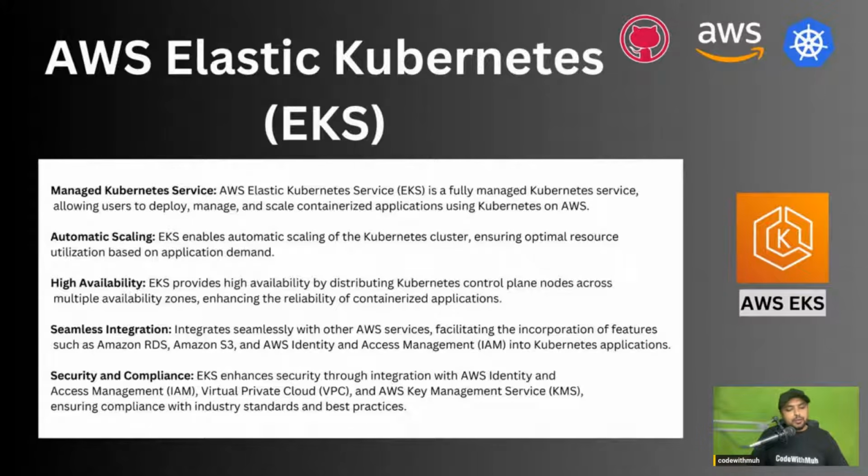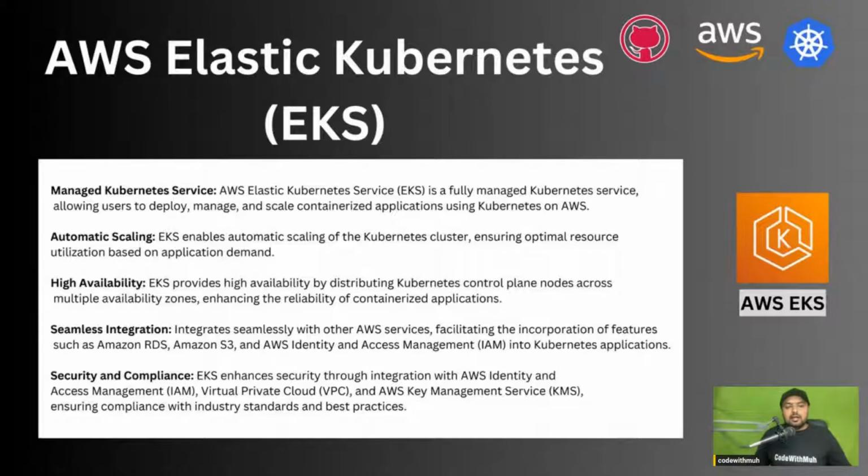The main feature of AWS EKS is that it is automated and scalable. So you will not need to worry if users are increasing on your website. It will automatically decrease and increase the load, and it will automatically add machines to your EKS. We can say the nodes.